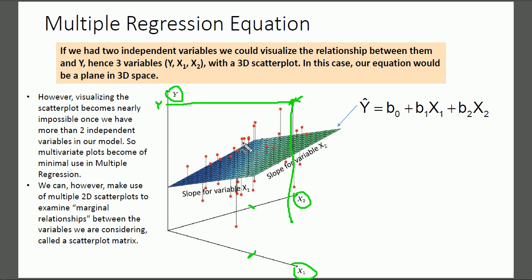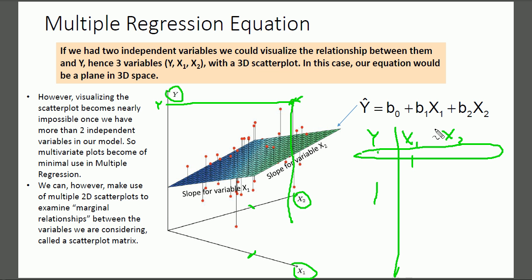So each of these points represents one row, if you will, on a multivariate data set where you have three columns. You have y, x1, x2, and then you have some data here, right? And so each row here is associated with one of these dots. So each row is an observation.